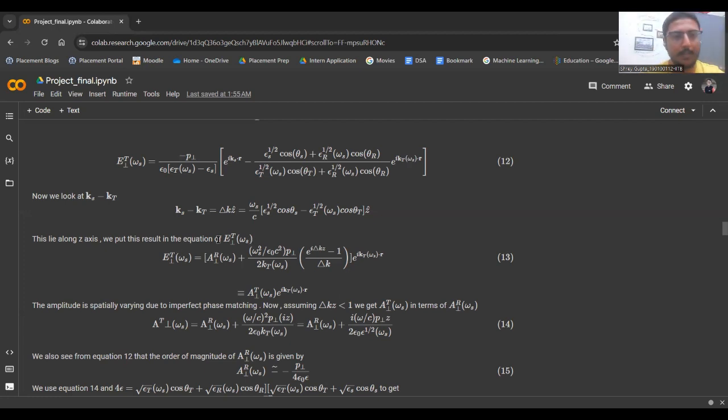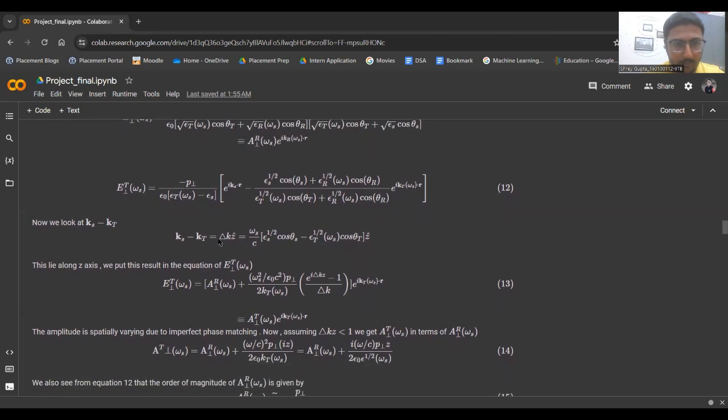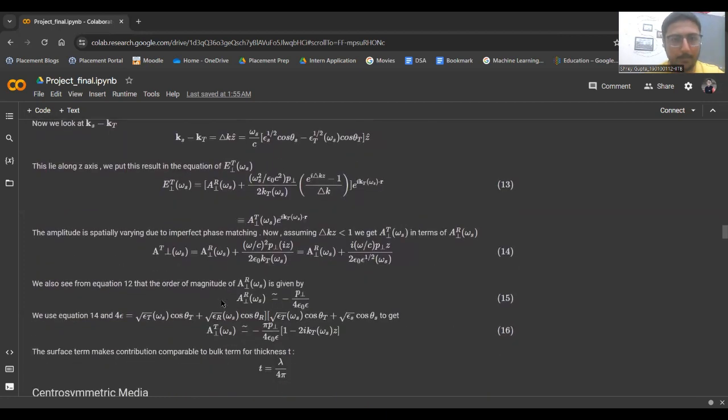There is very interesting progress here, which is related to approximations and the end results. So here we are approximating delta kz is less than 1. There are a few main reasons. The first one is the amplitude spatially varying due to very imperfect phase matching.